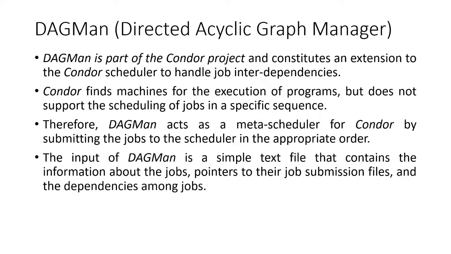Therefore, DAGMan acts as a meta scheduler for Condor by submitting the jobs to the scheduler in the appropriate order. The input of DAGMan is a simple text file that contains the information about the jobs, pointers to their job submission files, and dependencies among jobs.